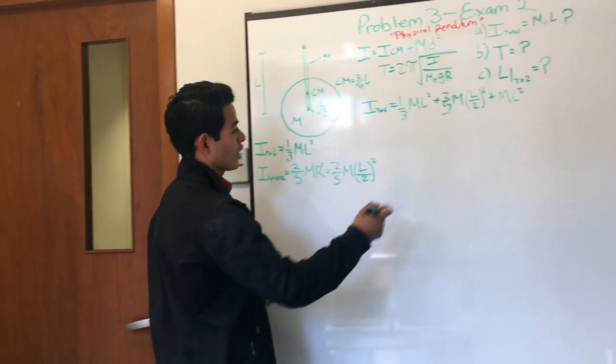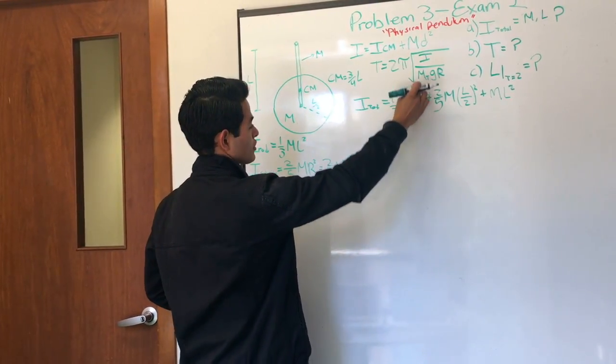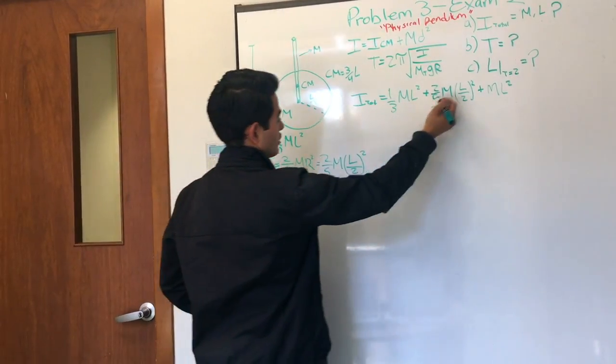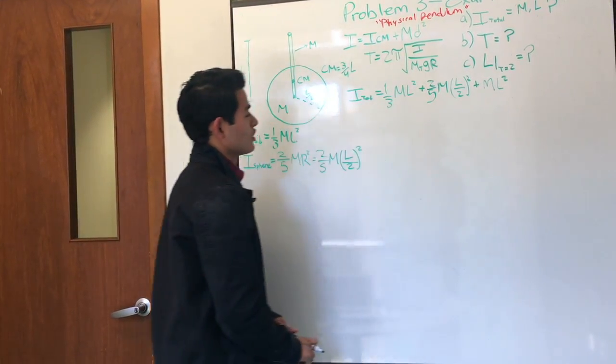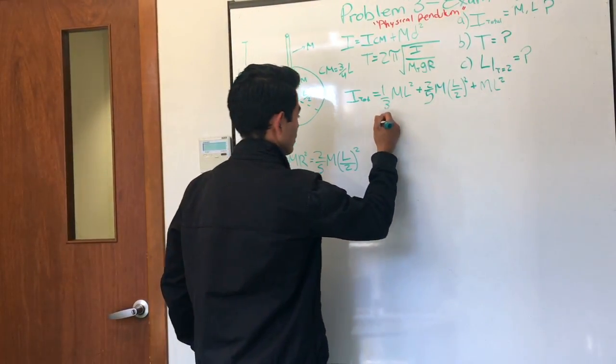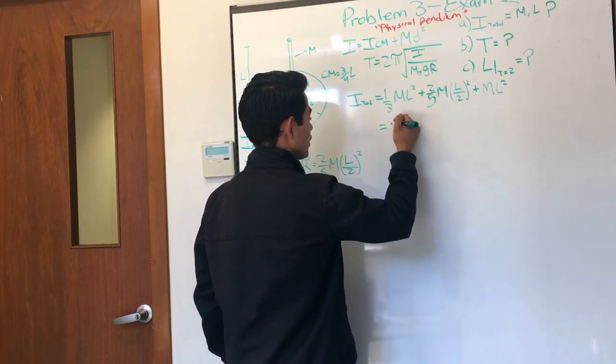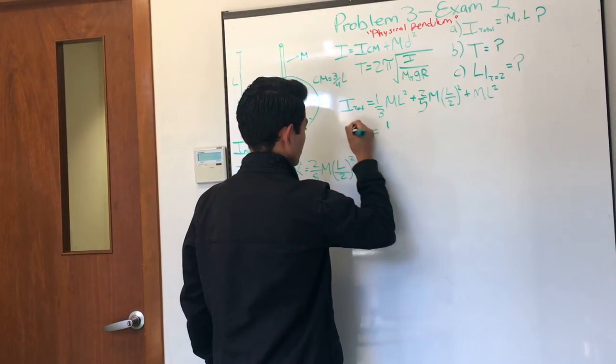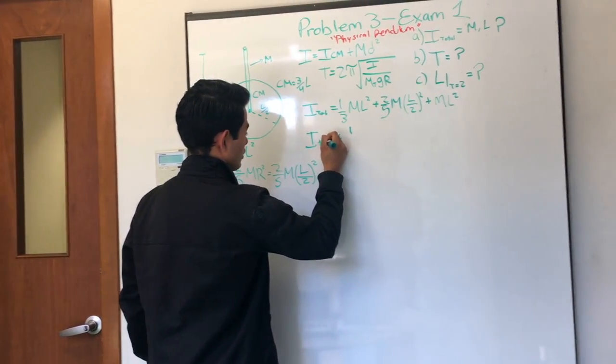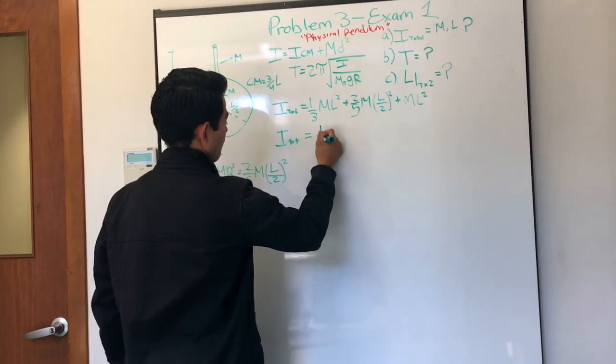As we can see, we have this ml squared repeating in every term, so we can take it out of the sum.